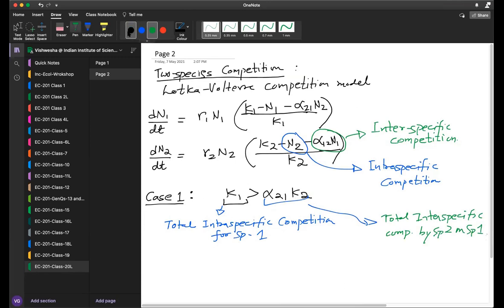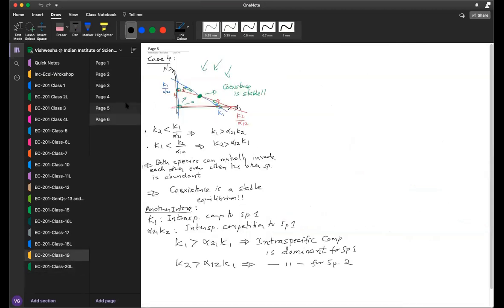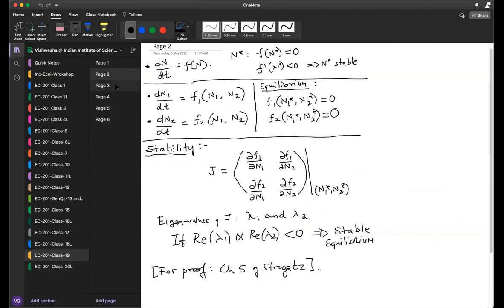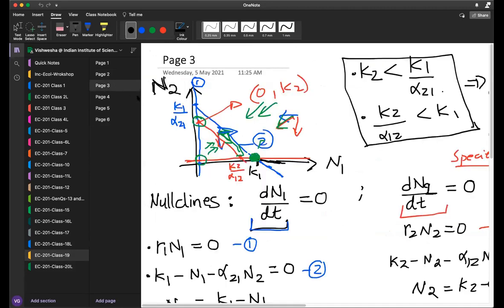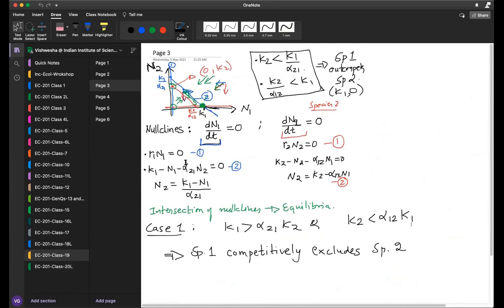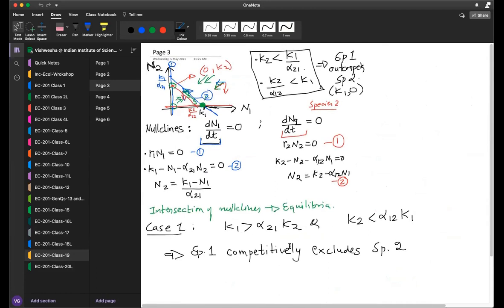We can now choose 2 possibilities for species 2, which would be, for example, K2. I don't know what all I called last time as case 1, case 2, case 3. I will just be consistent with it, so that I won't change cases. Case 1 is species 1 excludes species 2.